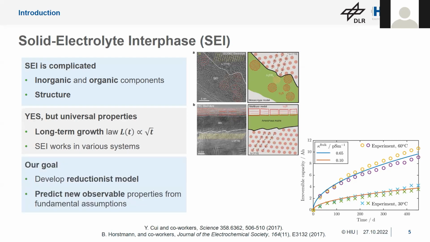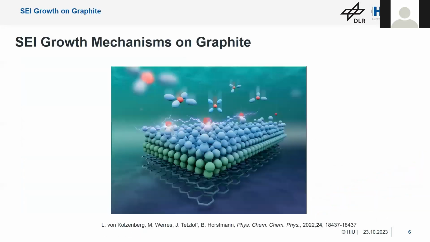So this is a square root in time law here, and the goal of my work and of this talk is now to develop a reductionist model of this solid electrolyte interface, and by this predict new observables that connect model predictions clearly to fundamental assumptions. In this way we can discern between different model assumptions, and then set up improved models for the growth of the SEI.